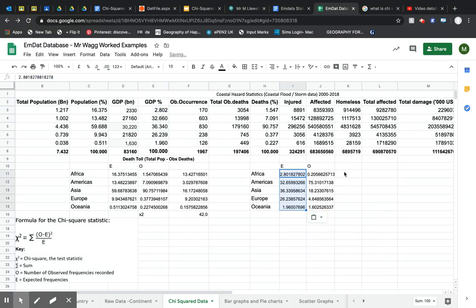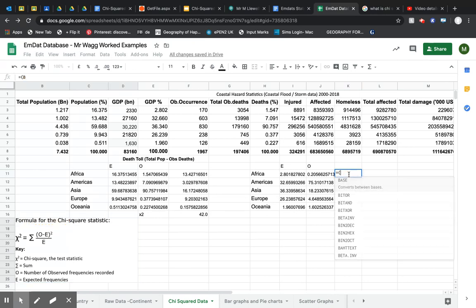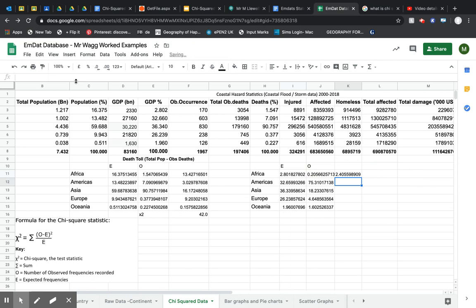Paste values only. Again, on my equation, so equals. I can just check back down here if I need to, but my equation is going to be the observed minus the expected squared divided by the expected. Looks like that's going to work.